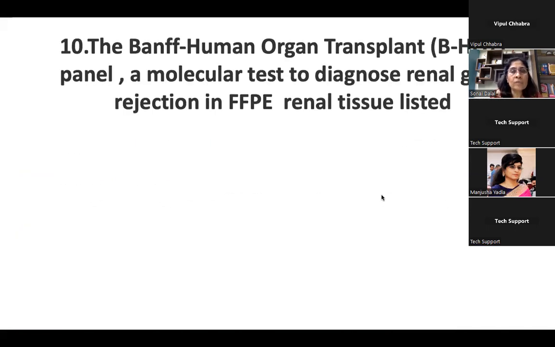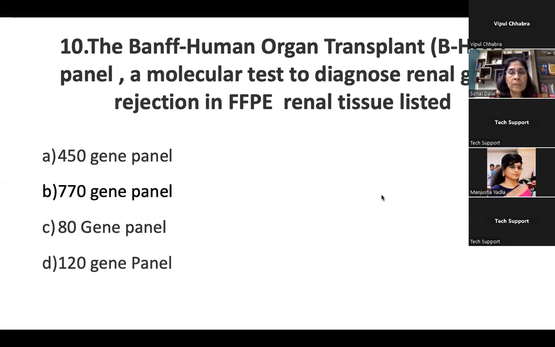And the last question of the quiz, the B-HOT human organ transplant panel, a molecular test for diagnosis of renal graft rejection, FFPE renal tissue is listed. How many genes? Options: 450 gene panel, 770 gene panel, 80 gene panel, or 120 gene panel.